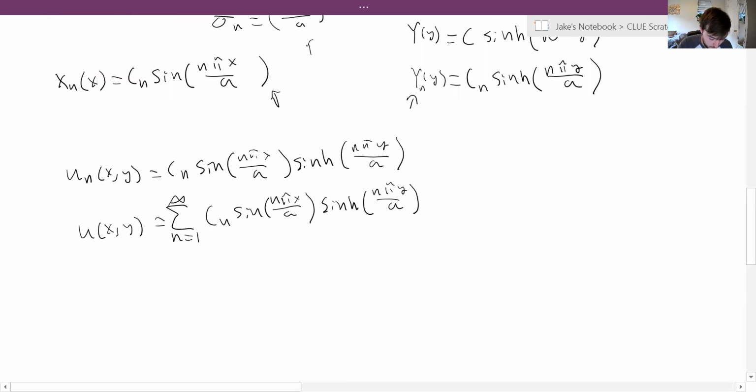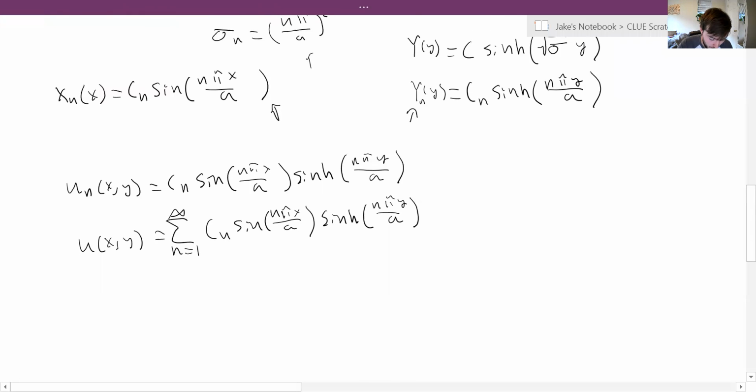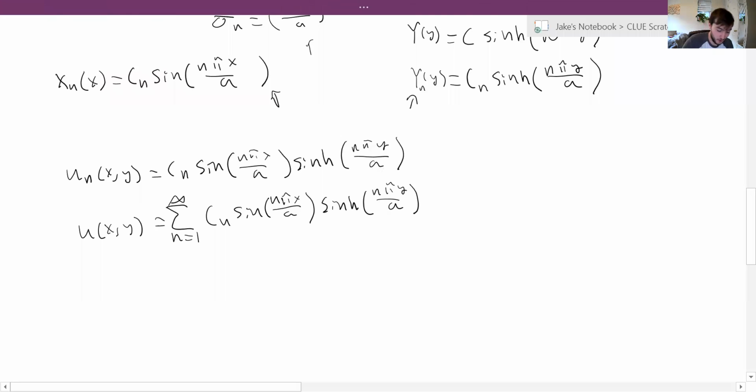So, great. But again, that still leaves the question, what is the C sub n doing here? You might also be wondering why we start this at 1. But remember, if we plug in n equals 0, we get sine of 0, which zeroes out the whole thing. So you just get 0 plus this sum anyway. So that's why we started at 1.